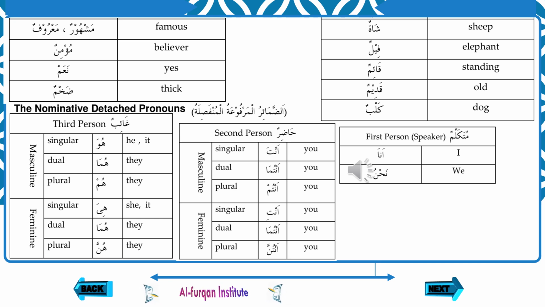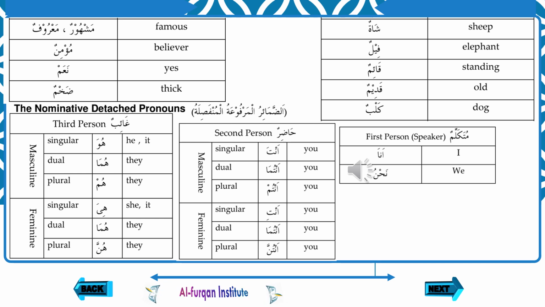Filun, elephant. Qa'imun, standing. Qadimun, old. Kalbun, dog. Mashhurun wa ma'rufun, famous. So mu'minun, believer. Na'am, yes. Dahmun, thick. So both mashhurun and ma'rufun, they were both famous in English.